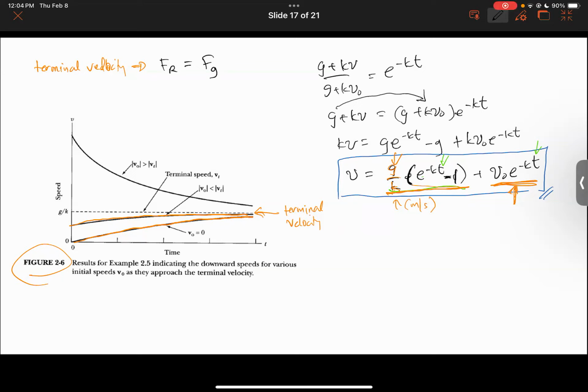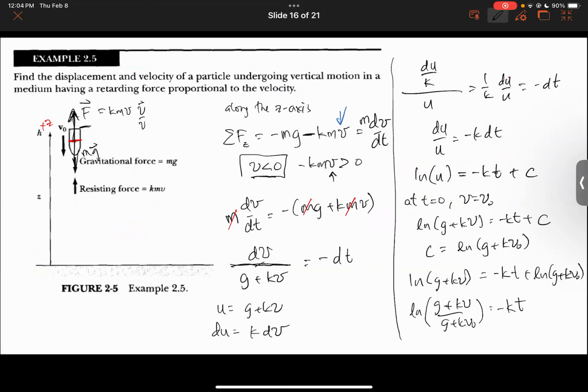Okay, now, ito yung equations of motion natin.